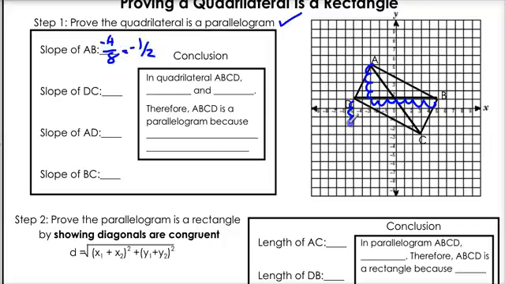If you do it for DC, you get the same exact answer. Alright, so that's negative a half. Now if you find the slopes of AD and BC, you're going to get 4 over 2, which is 2. And the same thing for BC is also going to be 4 over 2, which is 2.